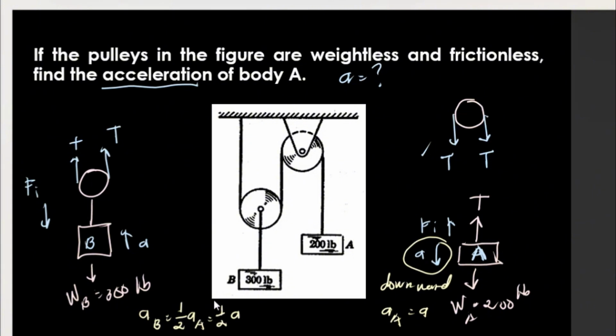So, i-consider muna natin, first, yung free body diagram ng block A. Drawing ko ulit siya dito. So, considering yung free body diagram ng block A, ito yung free body diagram niya. So, meron ditong tension. Of course, we have this inertia force na, ano ba ito? Sorry, acceleration na pababa siya.